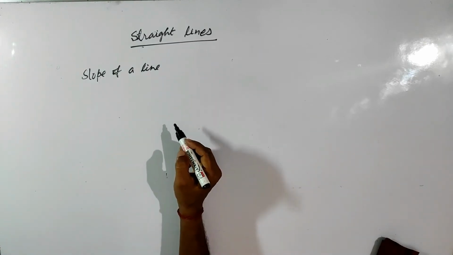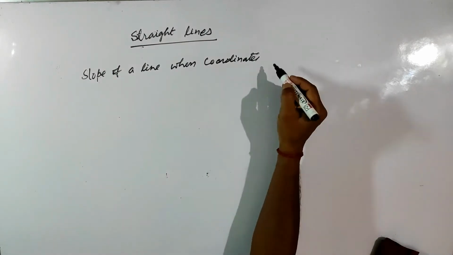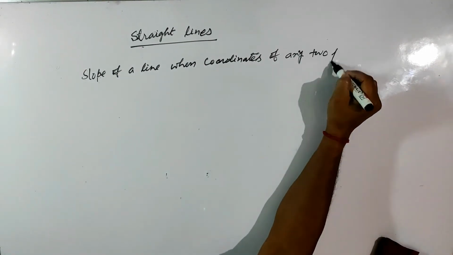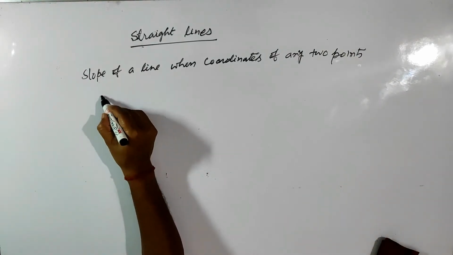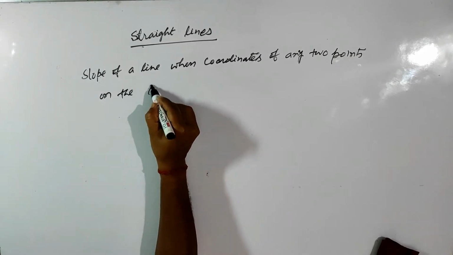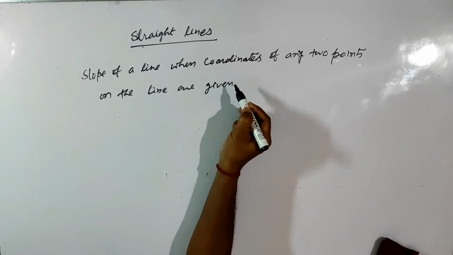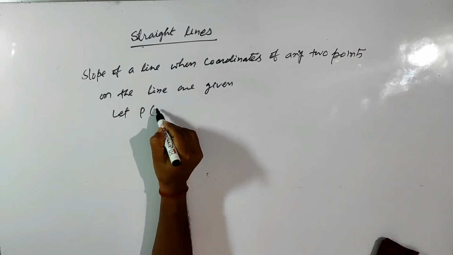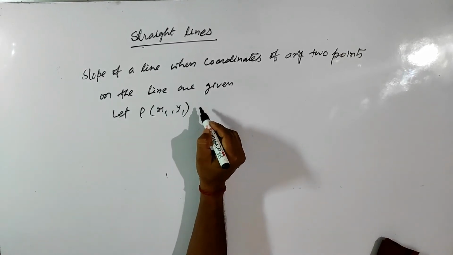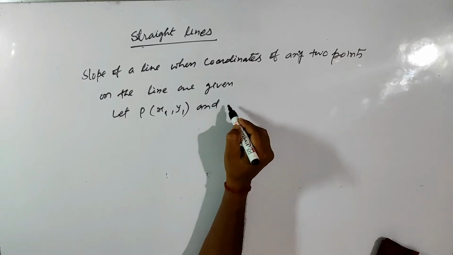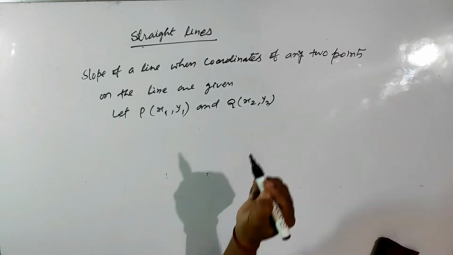Slope of a line when the coordinates of any two points on the line are given. Let P (x1, y1) and Q (x2, y2).